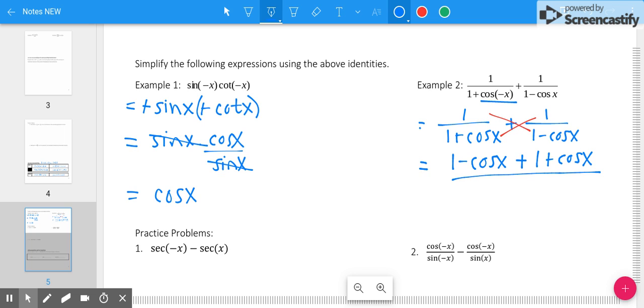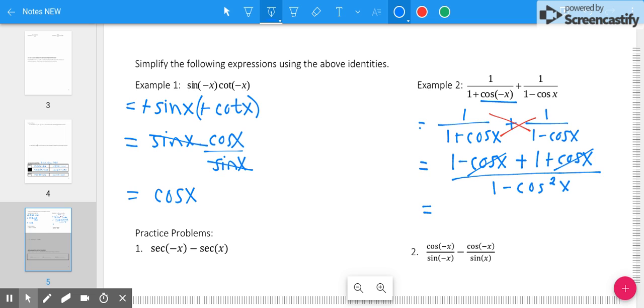So what happens when I multiply 1 plus cosine x times 1 minus cosine x? If you need to, pause the video, do FOIL or box on your paper, and then check back in for the correct denominator. If you've FOILed correctly, you should notice that those middle terms will cancel. And in this case, to keep simplifying, in the top, we see we've got a negative and a positive cosine x.